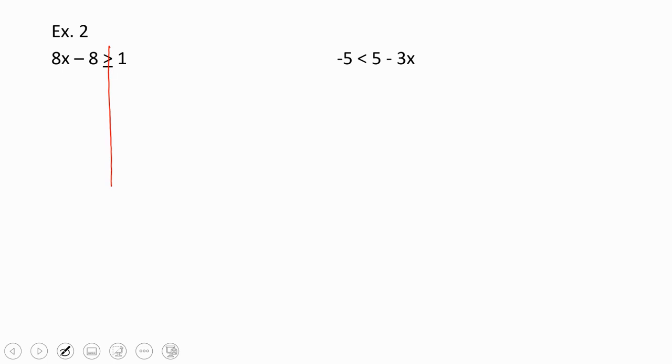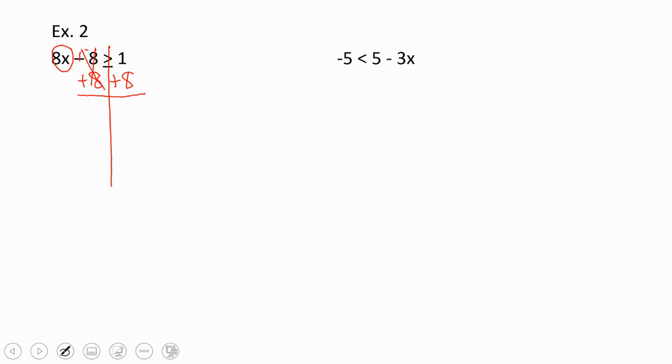Alright, in this one, the variable is already on the left, so we don't have to flip anything. I'm going to go ahead and change to addition, just so that we're not working with subtraction. If you feel comfortable working with subtraction and treating that as a negative, that's fine. You don't have to do that step. This is just in case the subtraction confuses you. So our variable is right here. We want to move the negative 8 over. So we're going to add a positive 8 to both sides.